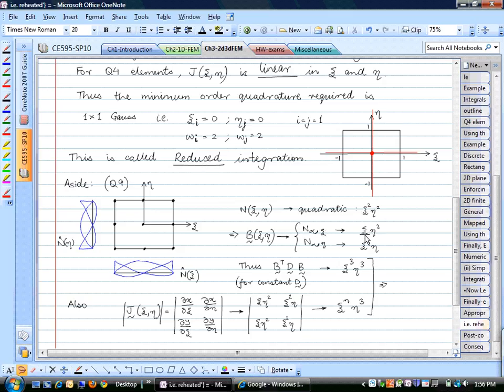That's the c times eta square right here. And dy over d eta is going to be of this order, c square times eta. So if you calculate the determinant of this J matrix, that is going to be this multiplied with this minus this multiplied with this. In either case, what you will get is c cube eta cube.